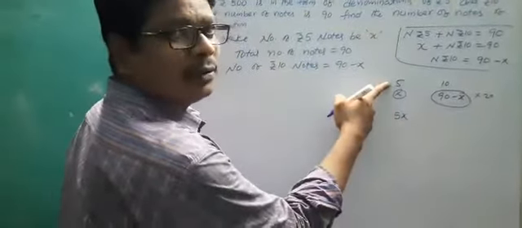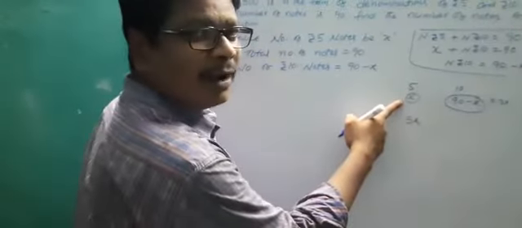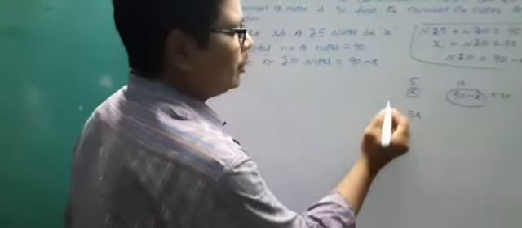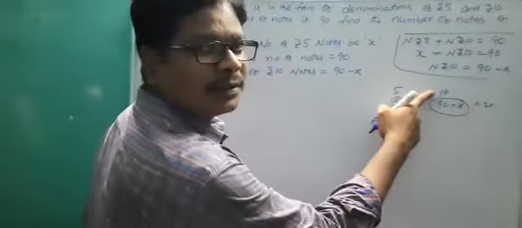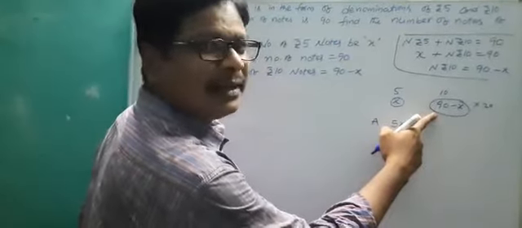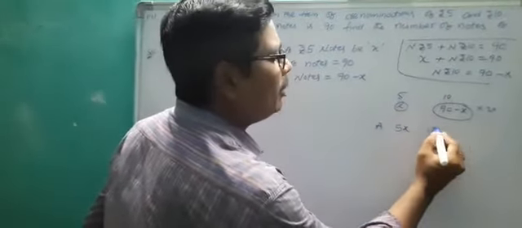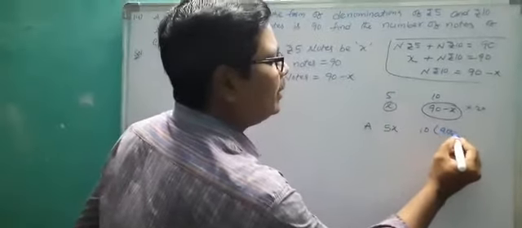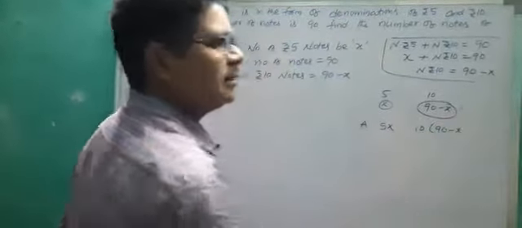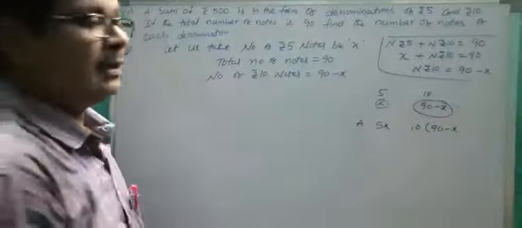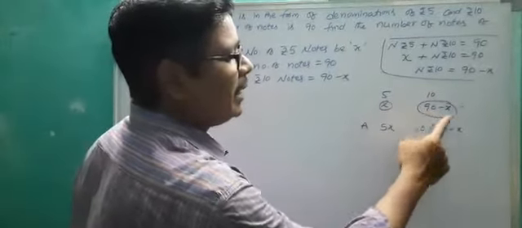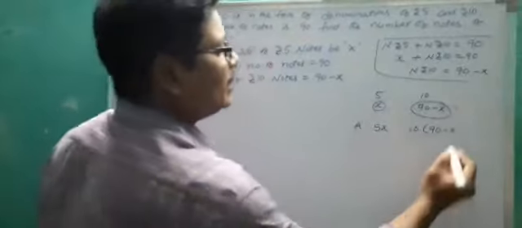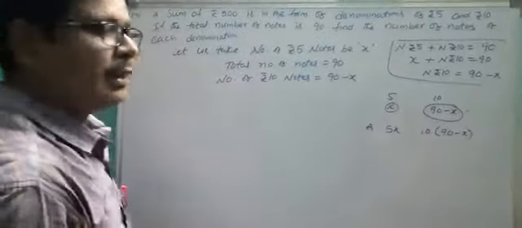This is the note, this is the number of notes, this is the amount. For 10 rupees notes, the number of notes is 90 minus x. Amount equals 10 into 90 minus x, just like 10 into 20, here instead of 20 we have 90 minus x. So 10 into 90 minus x is known as the amount.